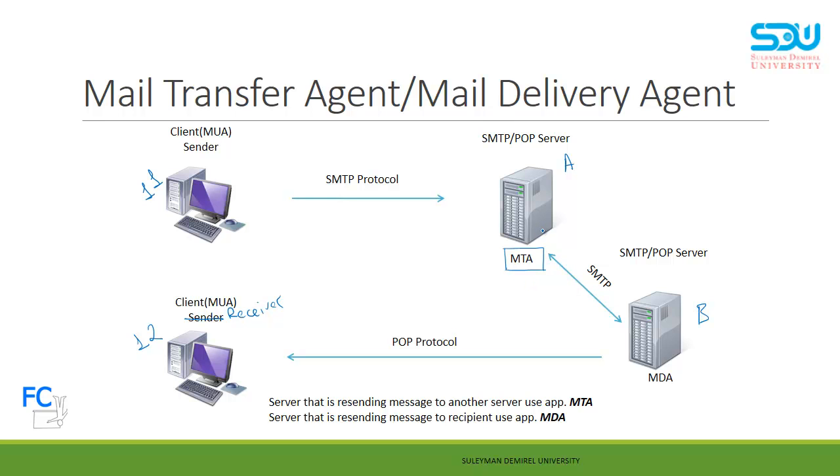Between these two servers of different organizations, we will have communication in both directions, and the SMTP protocol functions there. When the mail is delivered by the SMTP protocol to the server of organization B, the server of organization B will be called the MDA, the Mail Delivery Agent, due to the fact that this mail server is connected to the client, which is the receiver.